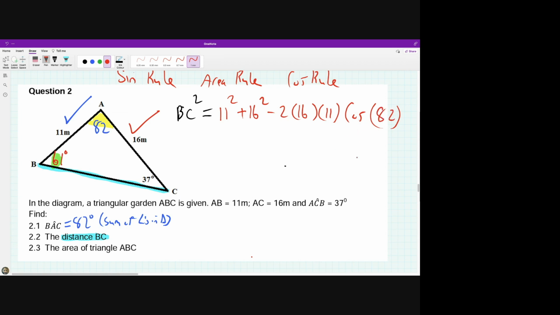And then what is my final answer going to be for BC? So square root.